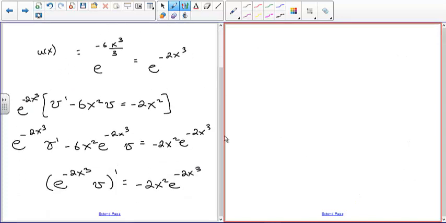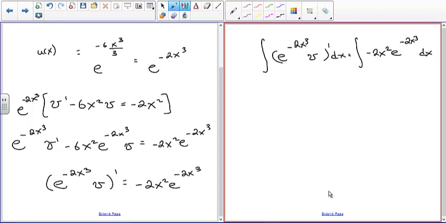Okay. Then we integrate. So we integrate e to the minus 2x cubed v quantity prime dx is equal to the integral of negative 2x squared e to the minus 2x cubed dx. And the integral of this is just the term in the parentheses.